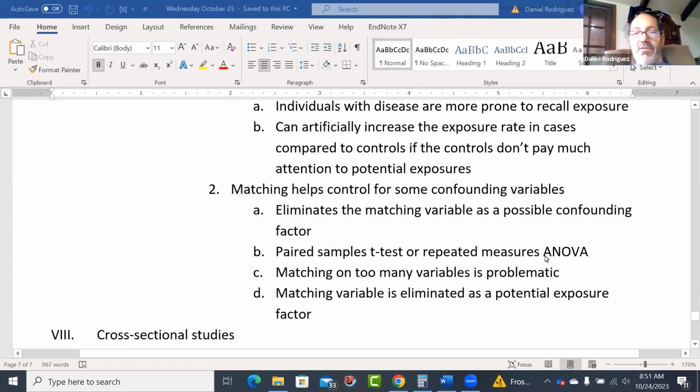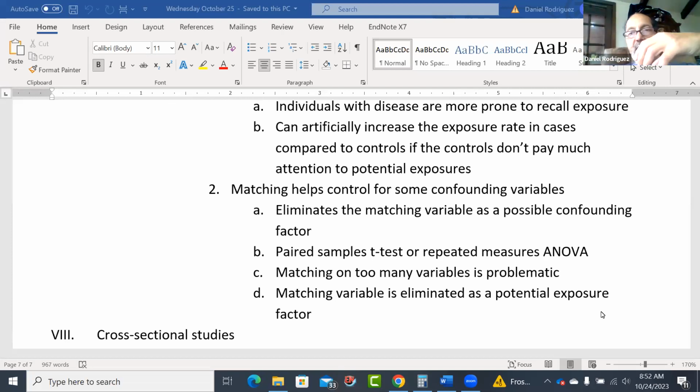Matching helps control for confounding variables. Matching is when you treat the cases as the same as the controls, so then they become basically the same individual. There are ways to do matching. There's something called propensity matching that I really like, where once you have the cases and controls, you create them as the dependent variable in a logistic regression, and then you regress them on a whole bunch of predictors, and then each person gets a propensity score based on those predictors, and then you match.